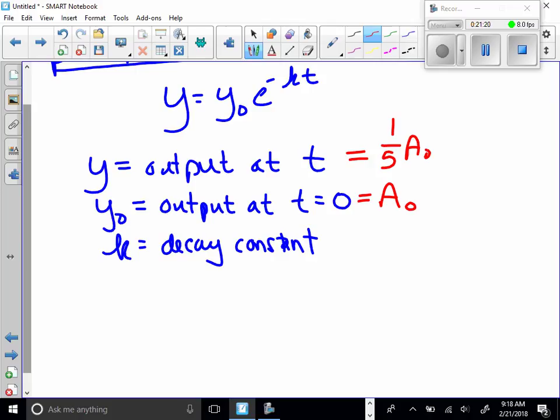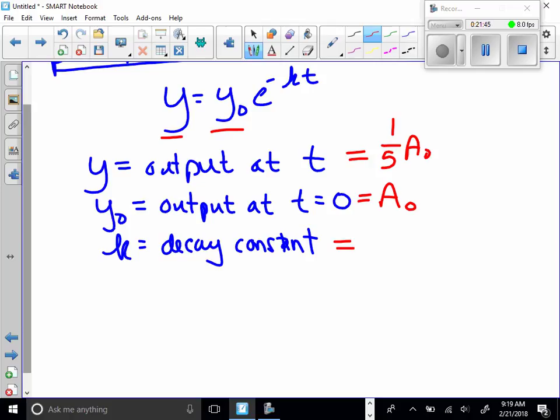And you see, I hope, that if I substitute these in, my A0 is going to cancel. Because that's what they told us. We want to find the time when the well's output falls to 1/5 of the original value. Yeah, effectively. Okay.